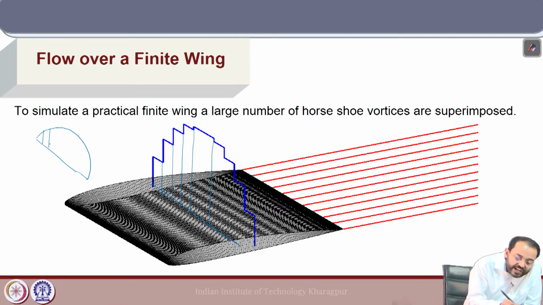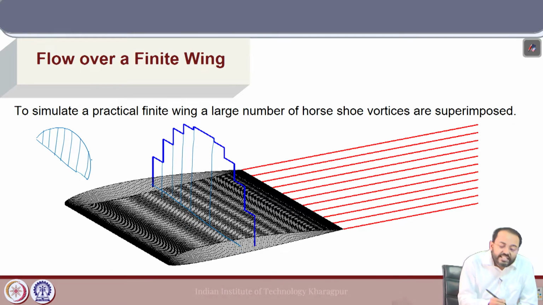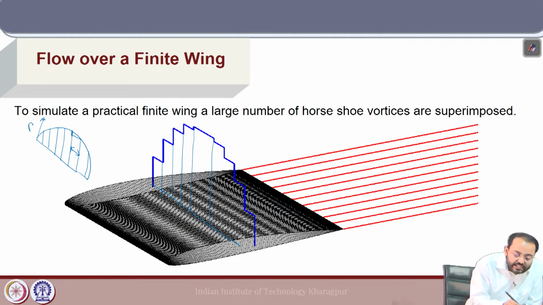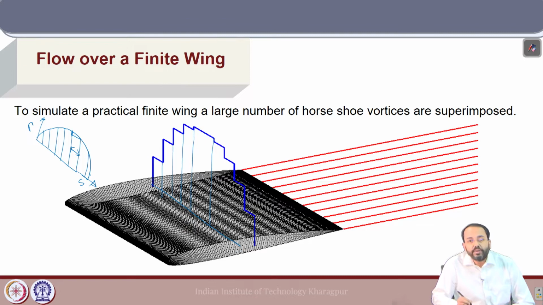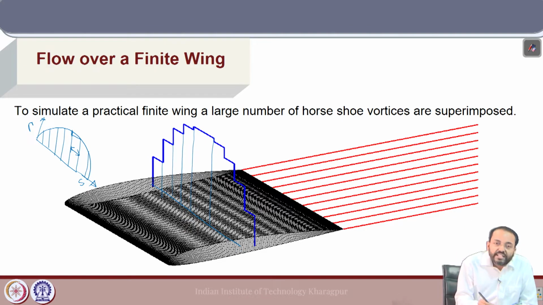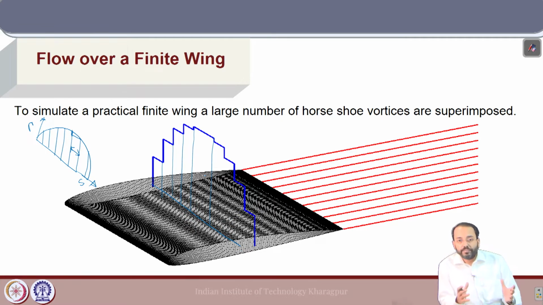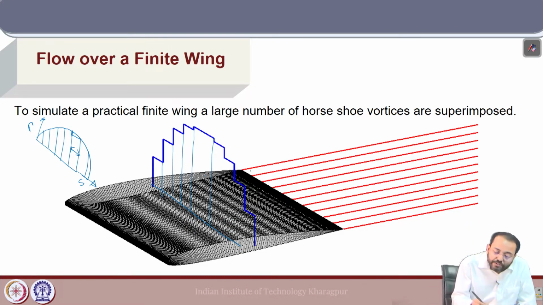And if we divide that into a number of elements, there will be a change of circulation distribution across each element. So, across each element there will be a difference in the circulation distribution. This is the circulation across the span S. Due to that change in circulation from each element, which depends on how we divide the span into a number of elements, a trailing vortex will be shed.